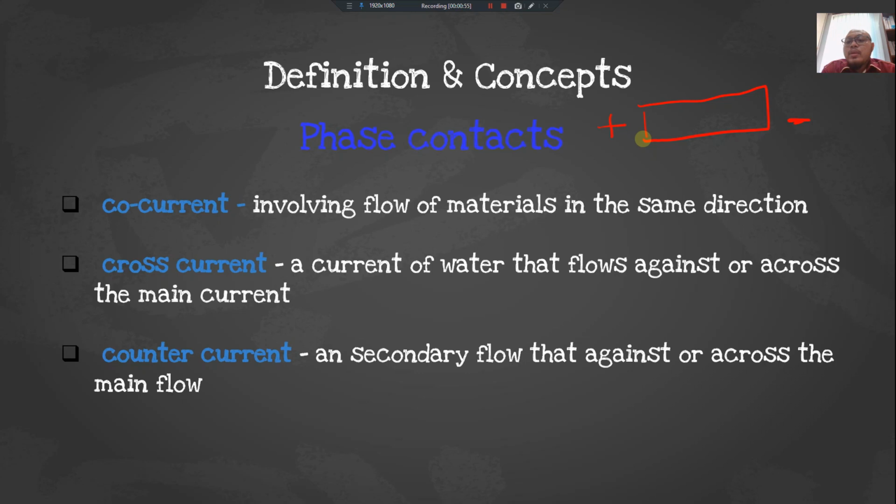Let's say the movement of the buffer is the movement of the mobile phase. The mobile phase means the liquid that will bring all the mixture, all the solutes. In capillary electrophoresis, the buffer is what we use as the mobile phase.